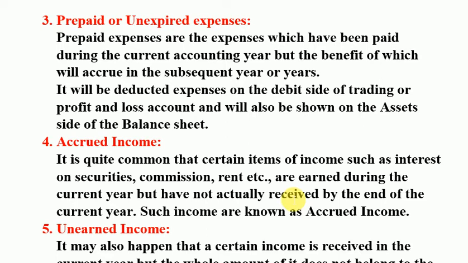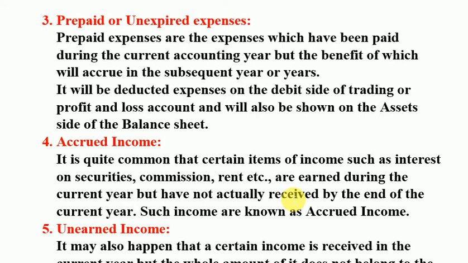So how will it be treated in our books of accounts? First of all, we will add this accrued income to the concerned income, like commission received during the year, that is 3000, but earned, हमने कितना earn किया था, 5000. So the rest of 2000 that we have not received yet will be added to commission received.